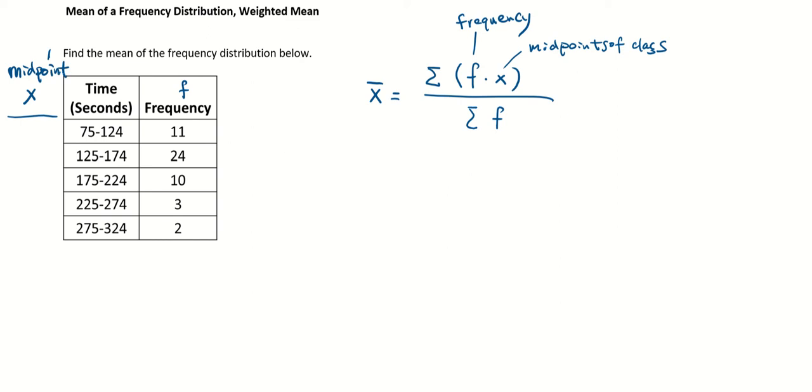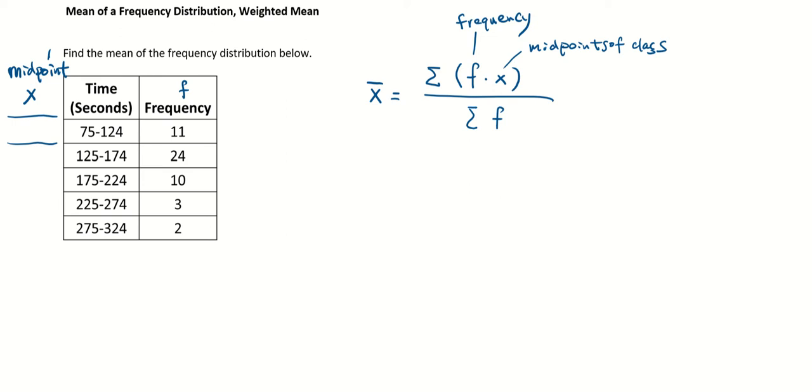How do we find the midpoint again? The lower class limit plus the upper class limit, divided by 2, right?